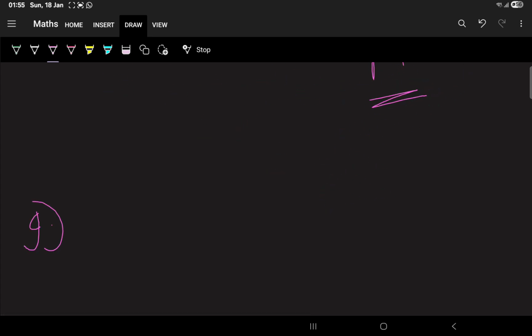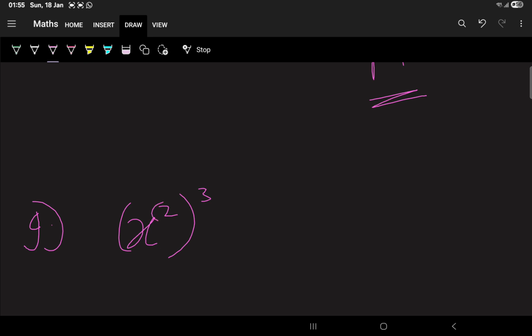Now we're going to look at the product, that is the power of a power rule. So x squared all cubed. Now this is a product of indices.